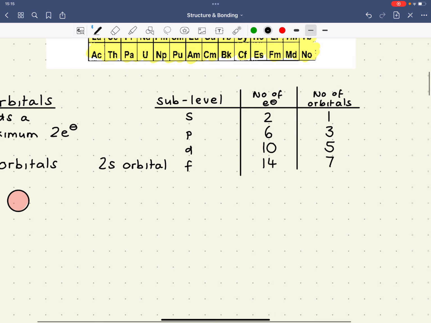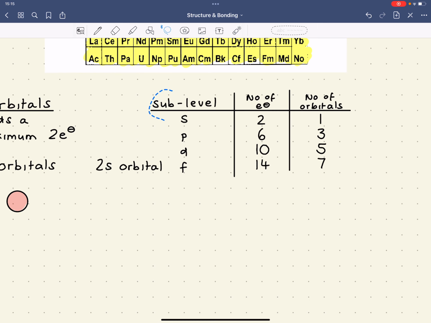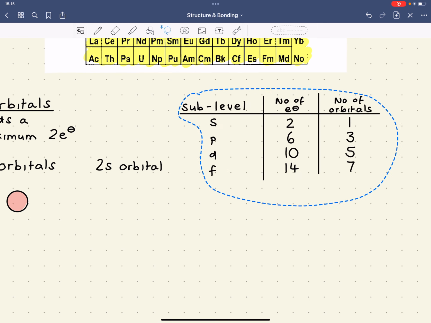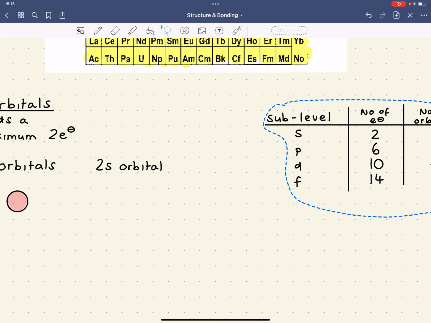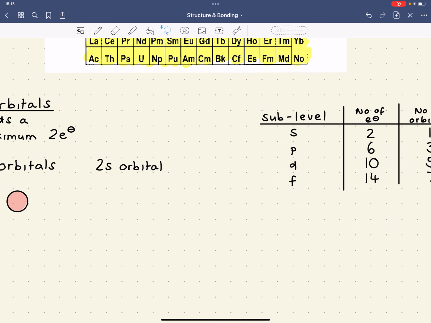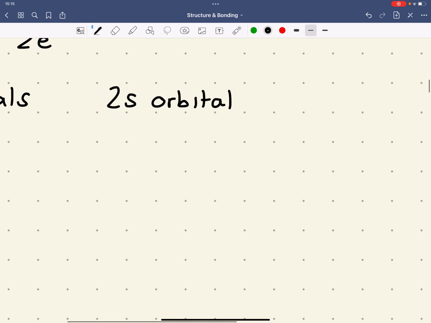Now, the 2s orbital has got higher energy. Because it's got more energy, it can get further away from the attractive force of the nucleus. So this 2s orbital has got a bigger region of space it can occupy because it's got a lot more energy. So a 2s orbital would be a bigger sphere.